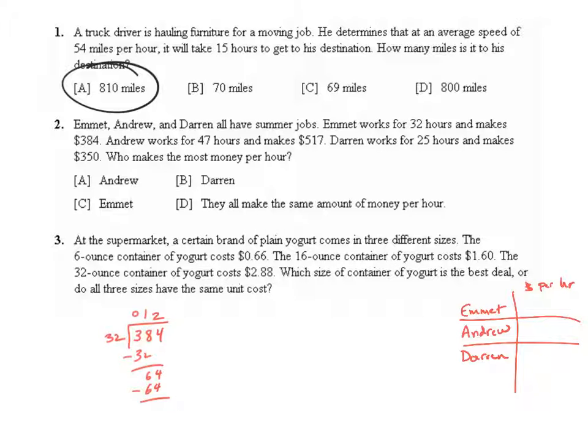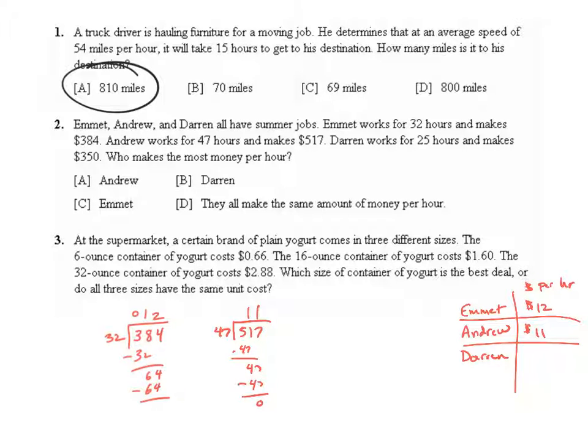We know that Emmett is earning $12 per hour, and now we're going to figure out Andrew. Andrew made $517, but he worked a longer period of time. He worked 47 hours. So again, dividing this, dollars per hour, 47 goes into 51 once. Looks like we're going to have one more group. So Andrew is making $11 per hour.